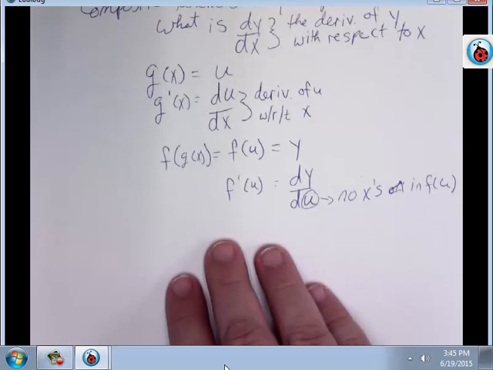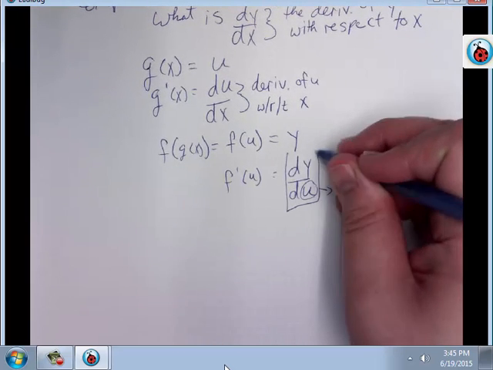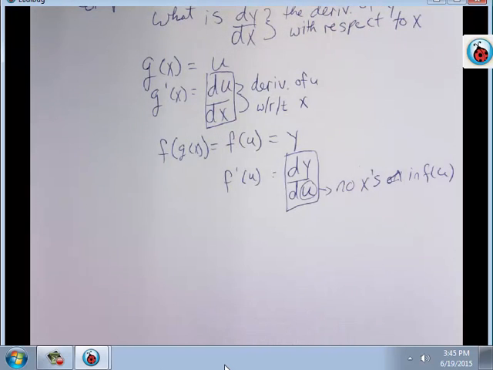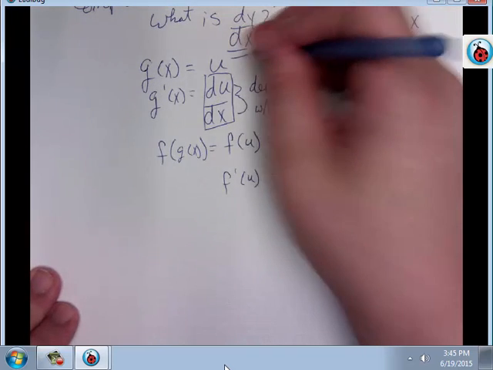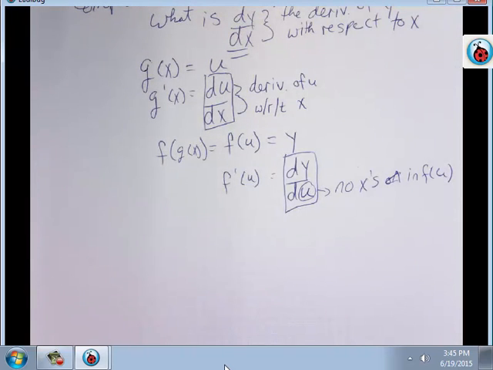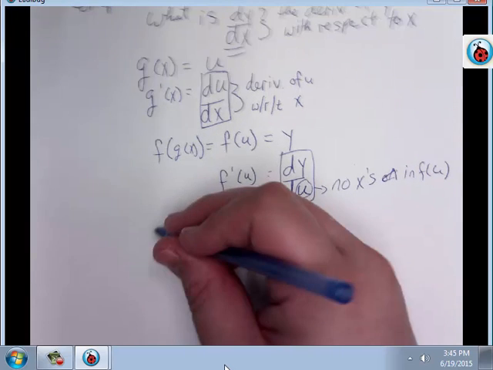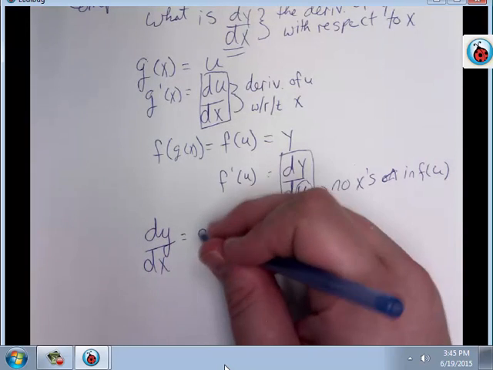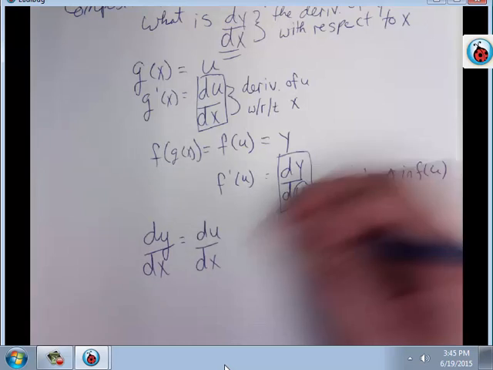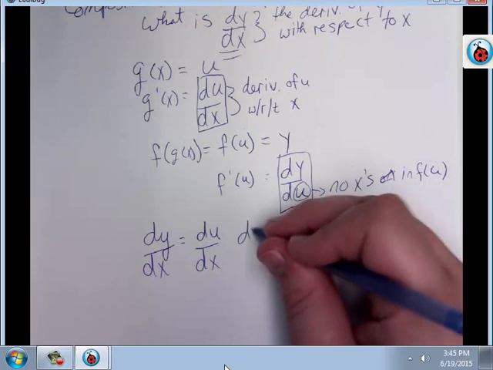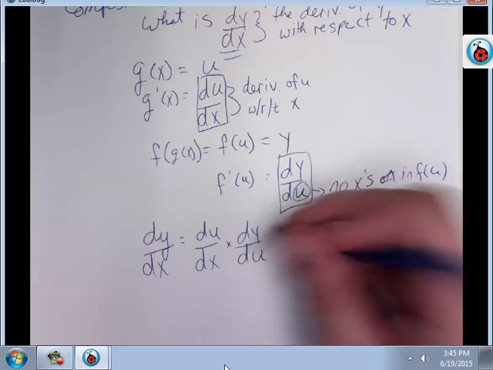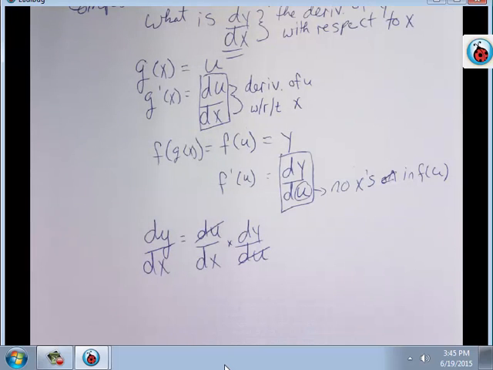So that means I have dy over du, and I have du over dx, and ultimately I want to get to dy dx. How do I do that? Well, let's see, I want dy over dx. Well, this has dx in the denominator, and this has dy in the numerator. And if I multiply these together, the du's cancel out. So I end up with dy over dx.